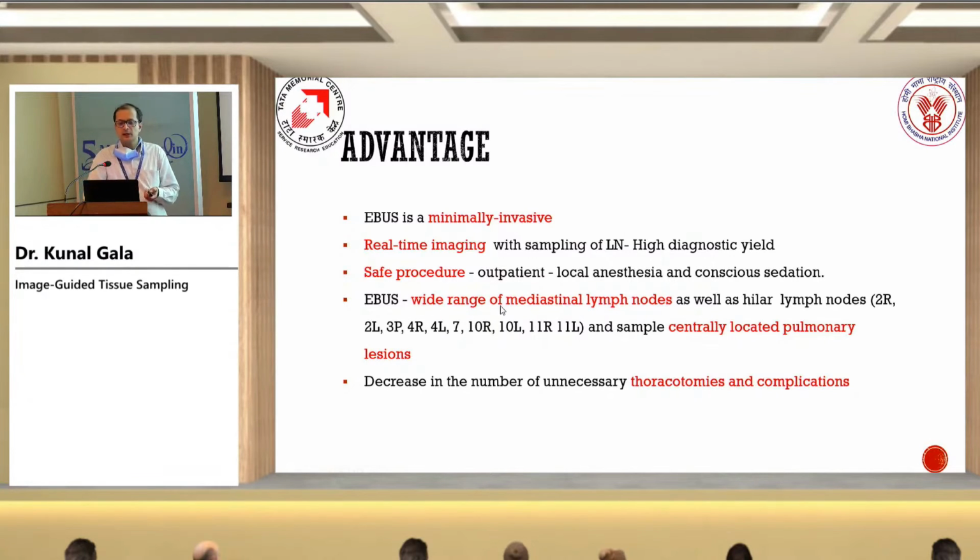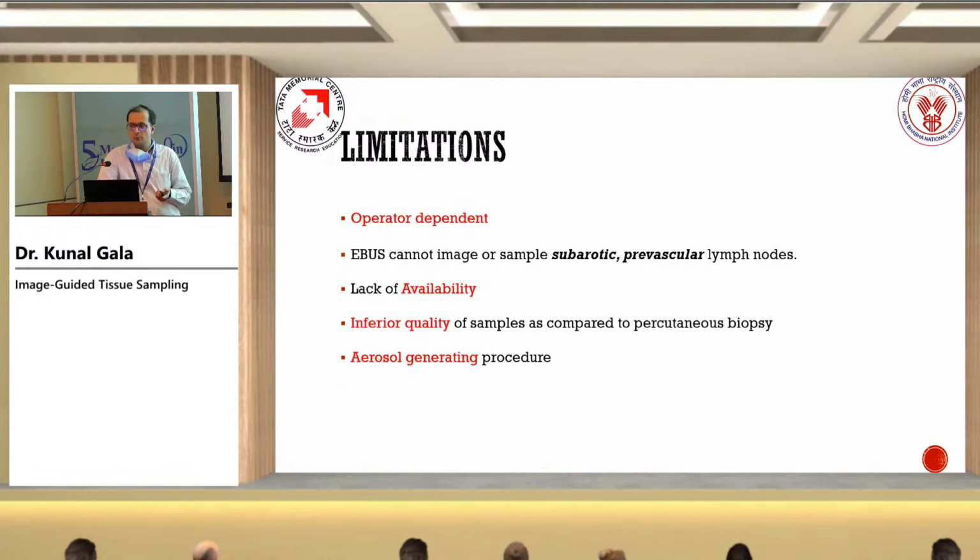EBUS can target a wide range of lymph nodes, right from hilar, 2R, 2L, 3P, 4R, 4L and so forth, and centrally located pulmonary lesions as well. So, a dual benefit: you are doing staging as well as sampling at the same time. It decreases unnecessary thoracotomies and complications.